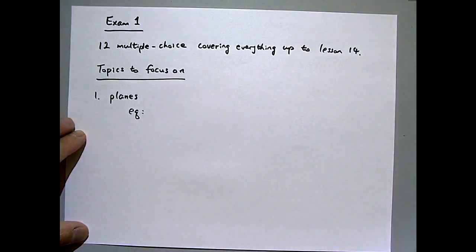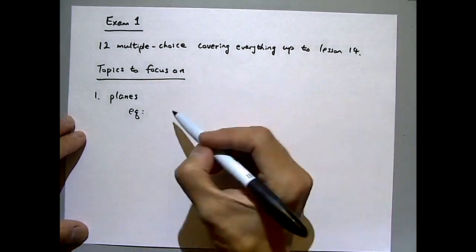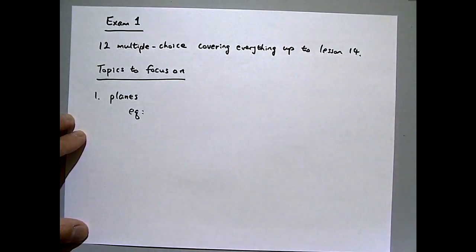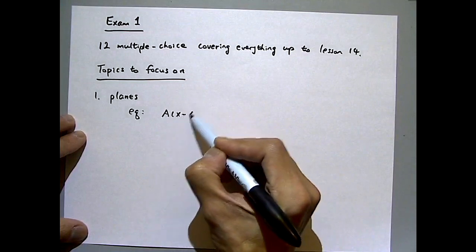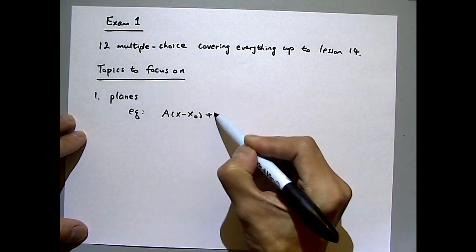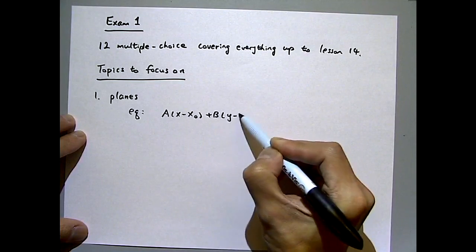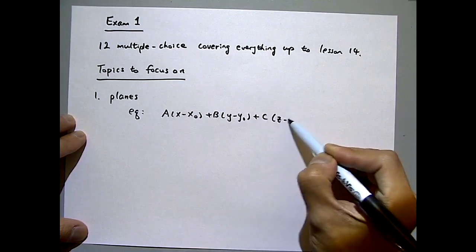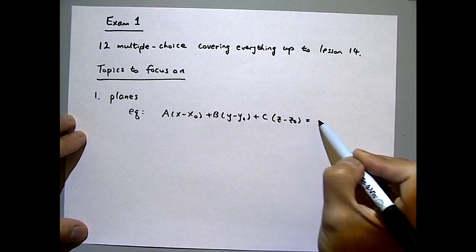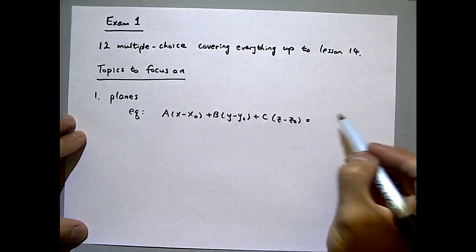Equation, we all know this thing here. What is the equation of a plane? Some constant times x minus x0, plus some other constant times y minus y0, plus some other constant times z minus z0, equal to 0, right?